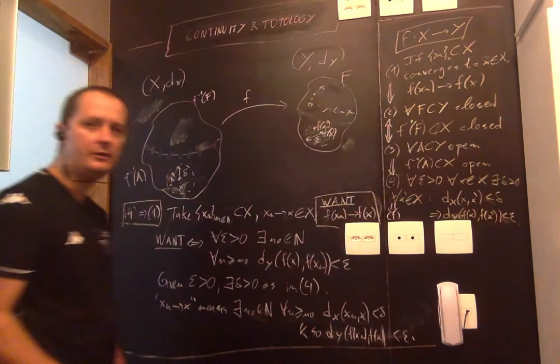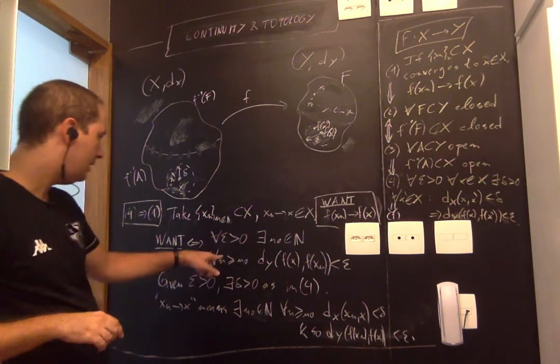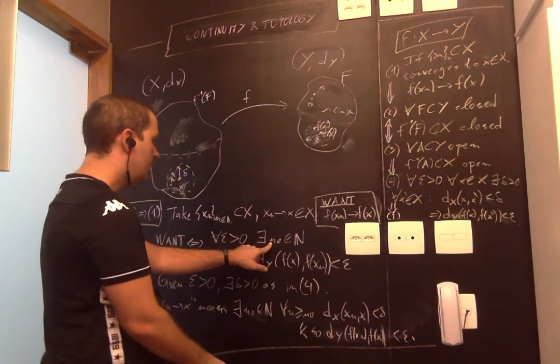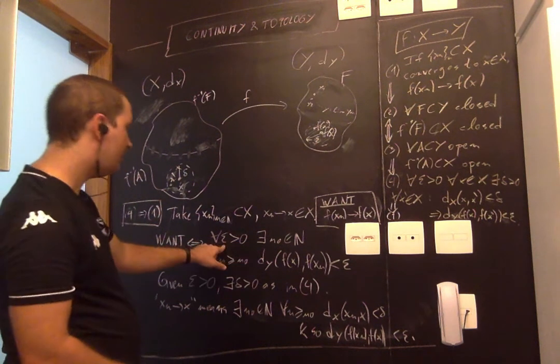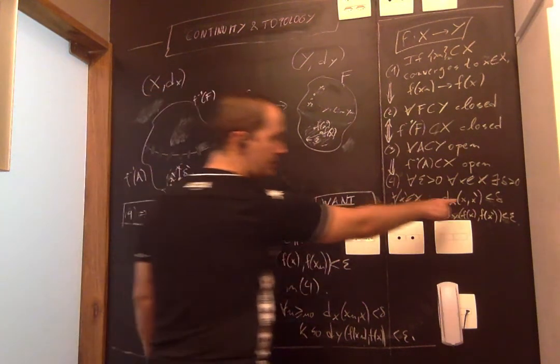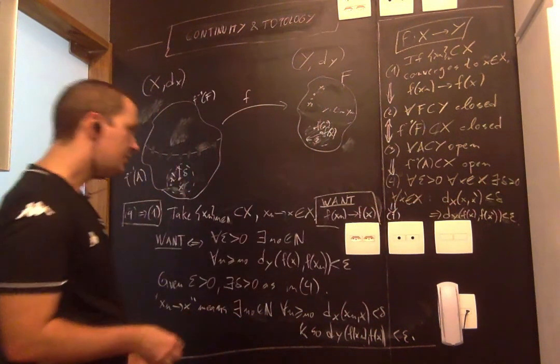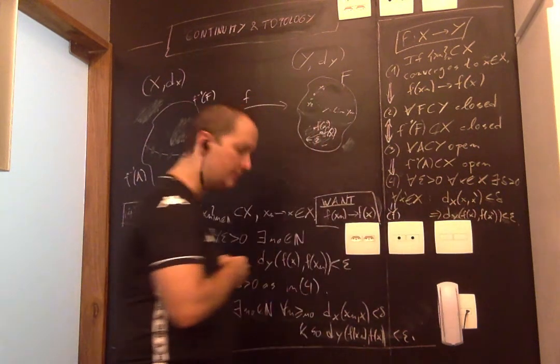Let's see if this is clear. I give you an epsilon, and I want you to find the n naught. So here's what you can say to me. For each epsilon, I fix x, I fix epsilon, so there is a delta. I know that all points within distance delta from x satisfy this condition.